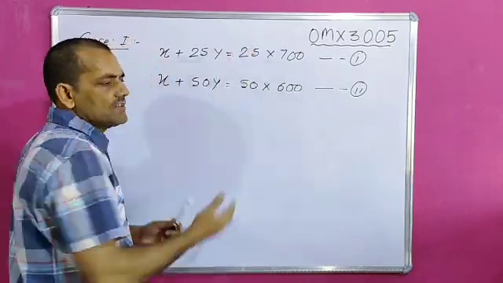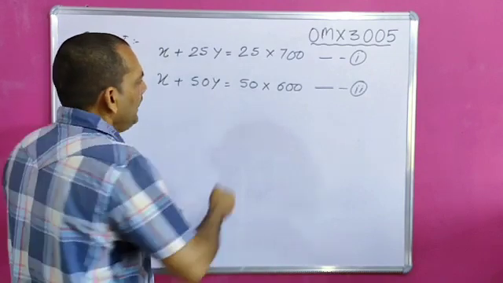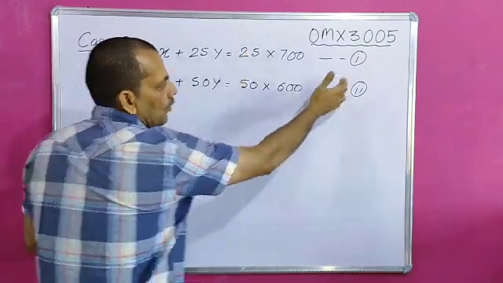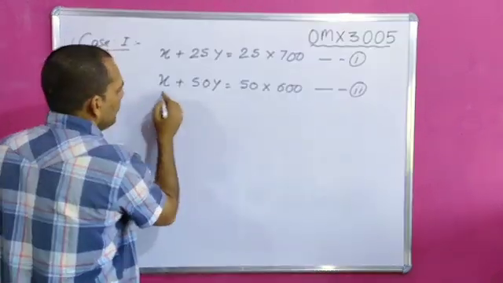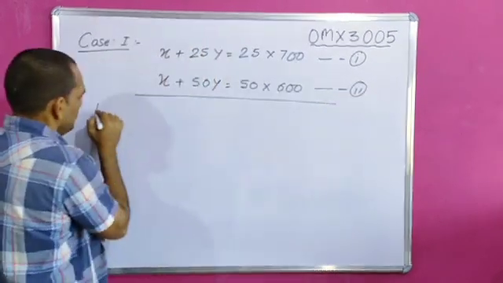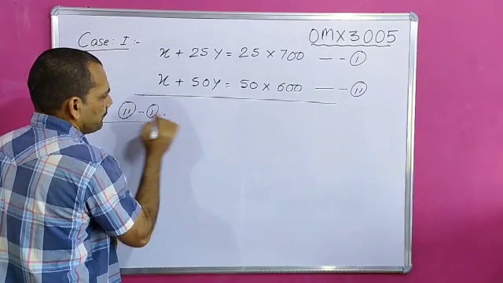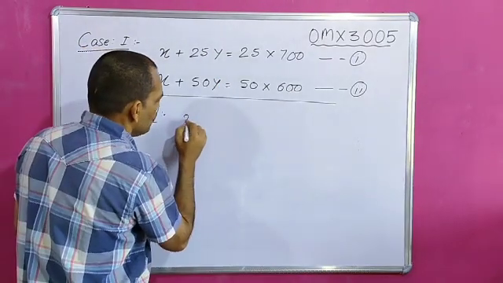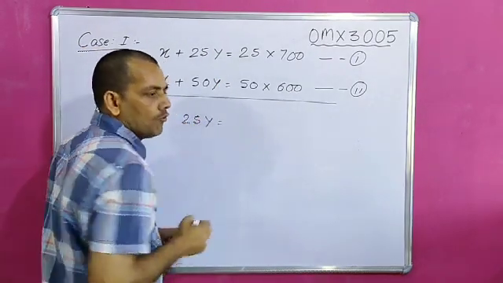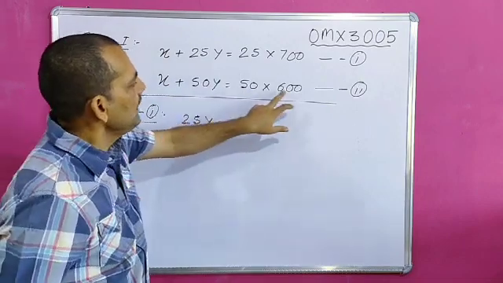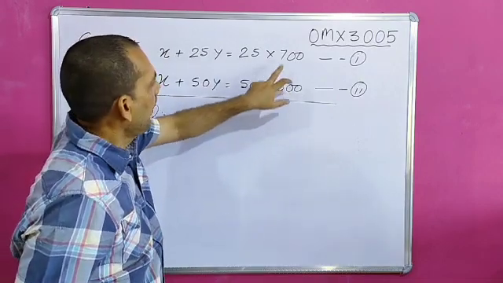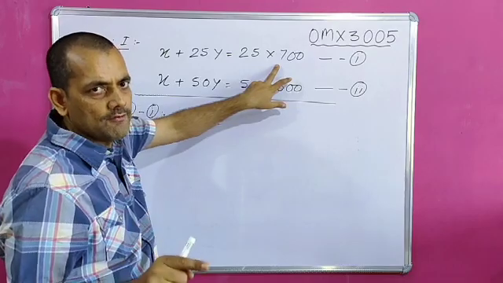Now this is giving us two simple equations. If we just subtract 1 from 2, what will we get? By 2 minus 1, if you subtract these two, we will get 25Y. Whereas these two multiplied is 30,000 and these two multiplied is 17,500.